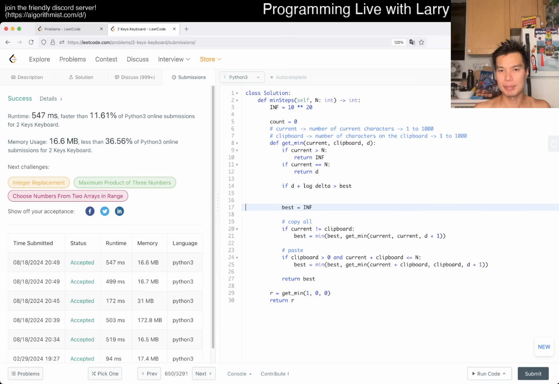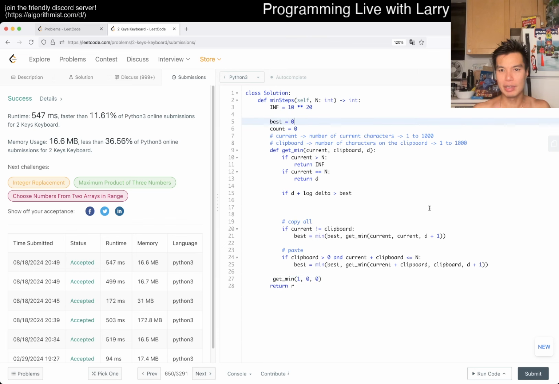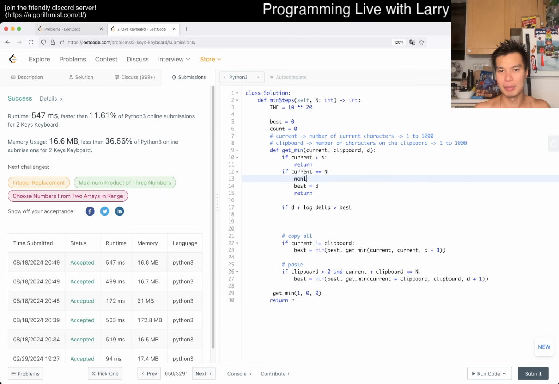We don't even need to return, in theory. We would just have a global thing where best is equal to 0. Here we don't even return. Here we just return. But here we also just return, but we set best equal to D. Nonlocal best is equal to min, best is equal to D. So actually this should be infinity still.